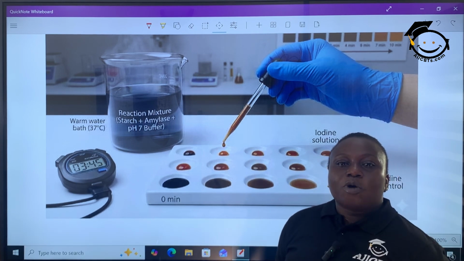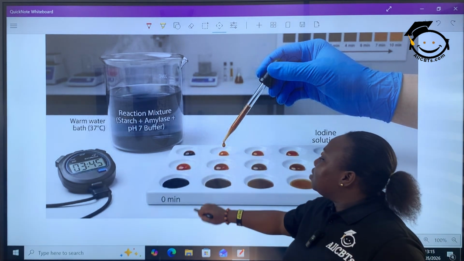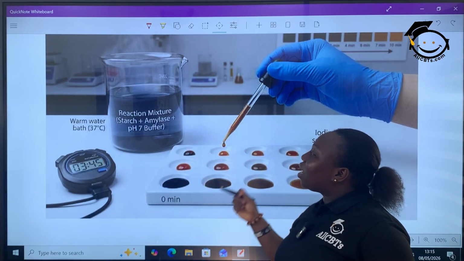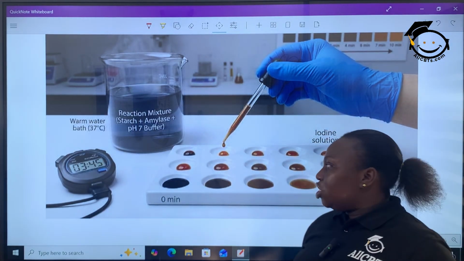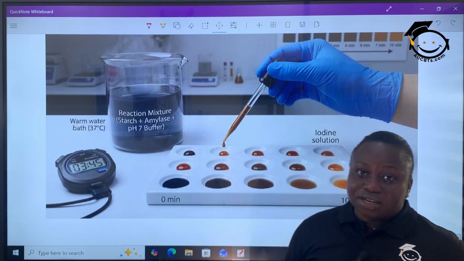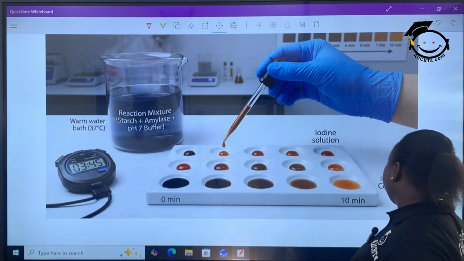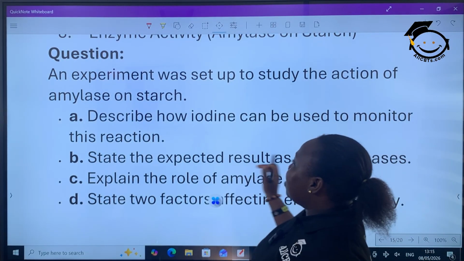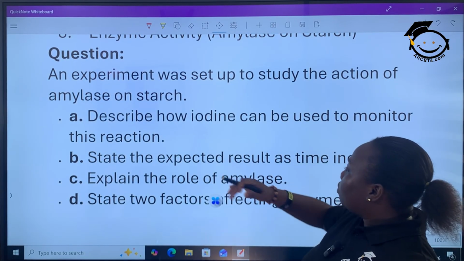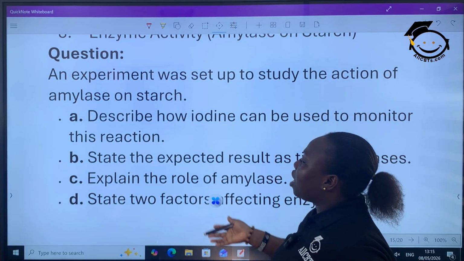So that is exactly what is happening. The reason why the color is changing from blue-black as we add more amylase is because we are no longer seeing starch. What we are seeing now is maltose. That is how we monitor the reaction.